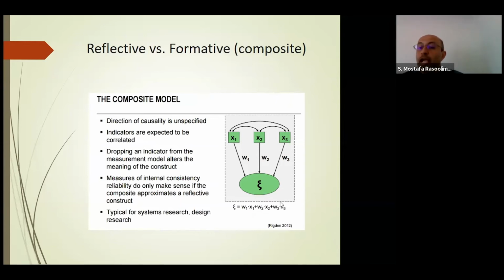So when we apply SEM, for the measurement level, for the conceptualization of the measurement part, we need to be very careful about the type of construct. Because of that, we need measurement theory.